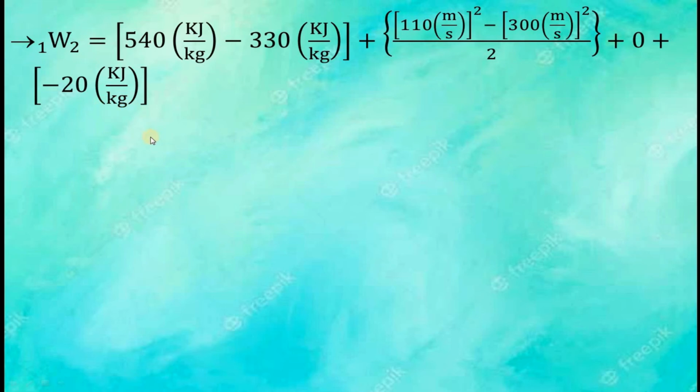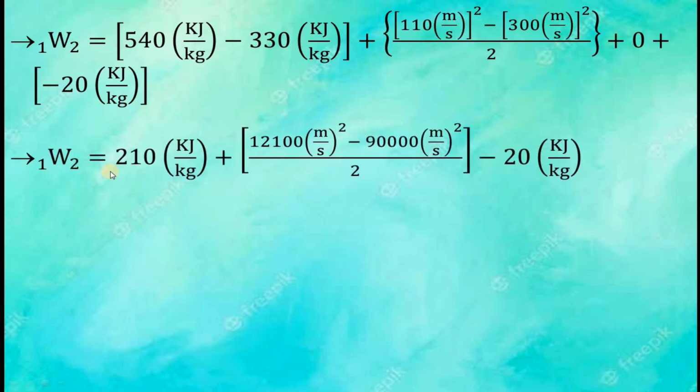So the next step will be 1W2 is equal to 210 kilojoule per kg plus (12,100 meter per second whole square minus 90,000 meter per second whole square) whole divided by 2 minus 20 kilojoule per kg. So here 12,100 meter per second whole square minus 90,000 meter per second whole square is minus 77,900 meter per second whole square.